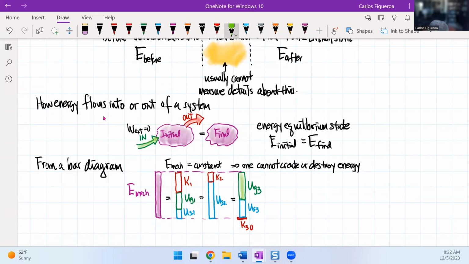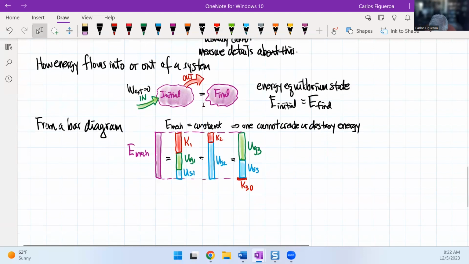So when you're looking at this, the only thing we care about is how it is transforming? So this is what I mean by the bookkeeping system.